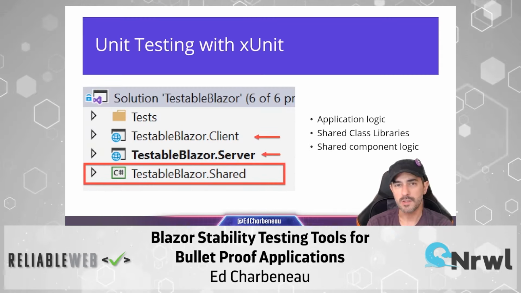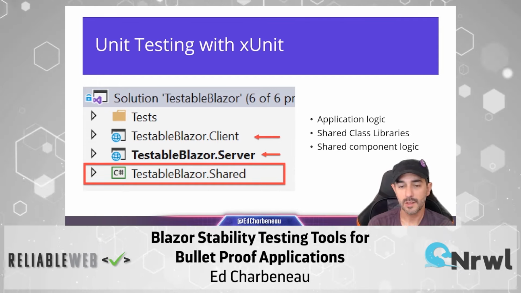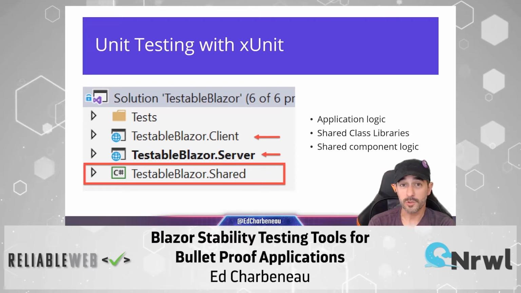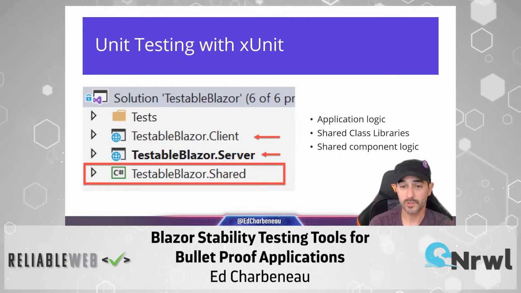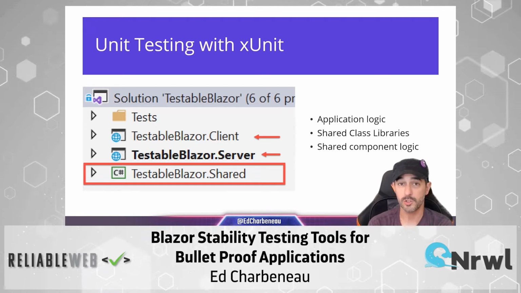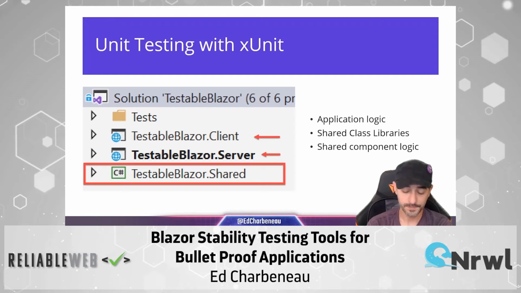So for writing unit tests in .NET, you're probably familiar with something like XUnit. And with XUnit and Blazor and the .NET stack, we can test with XUnit across the entire application. This includes shared libraries, component logic, application logic, and so on.